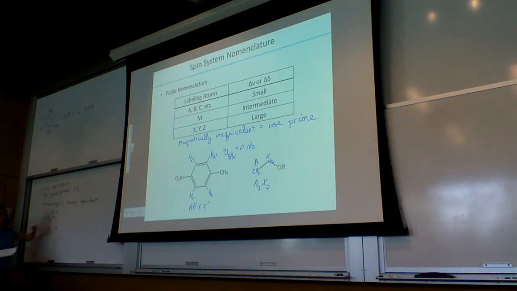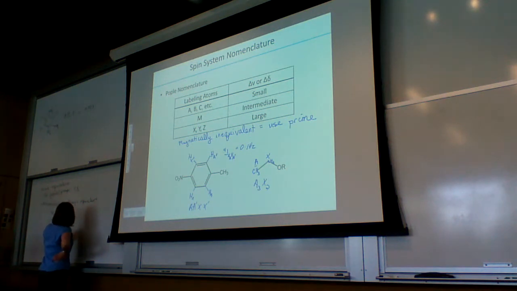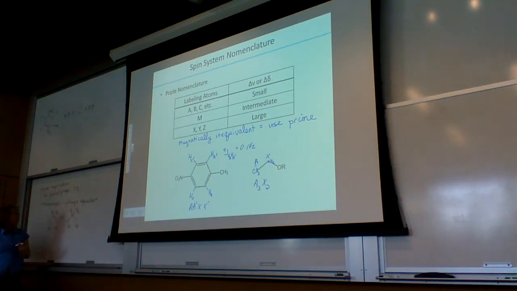If we were to replace one of them with a CD3 group, the two groups are still going to be in a plane here.